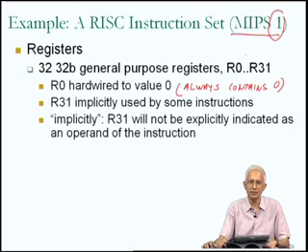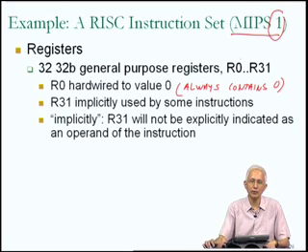So as programmers, this is an important issue. We must be aware that R31 may not be a good register to use for storing values temporarily unless we know exactly what the subsequent instructions do. If they are instructions that implicitly use R31, we must take that into account.